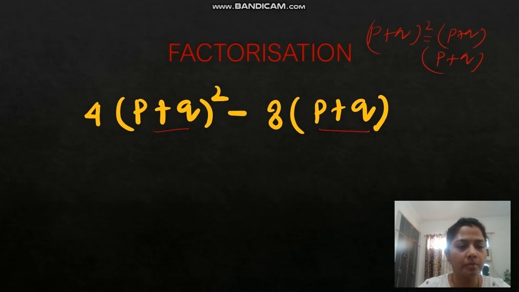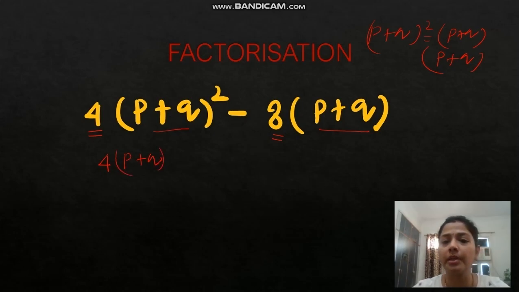Now from the constant terms 4 and 8, what is the maximum that we can take common? 4 we can take common. So we have taken 4 common from the constant terms, and we are writing (p + q) common. So what is left behind?